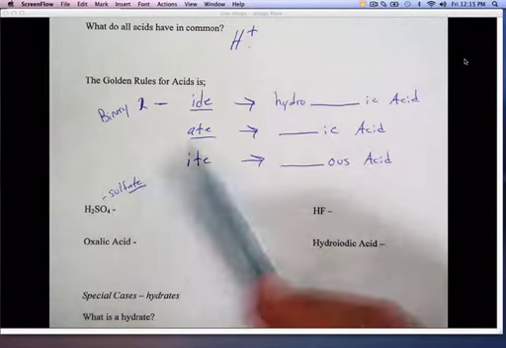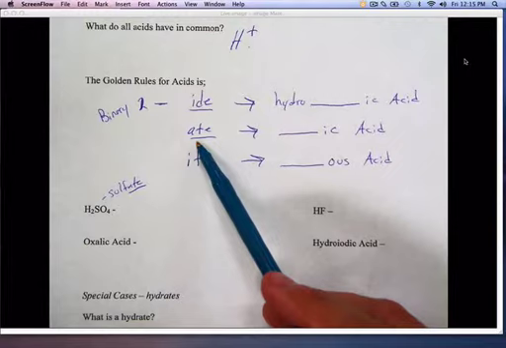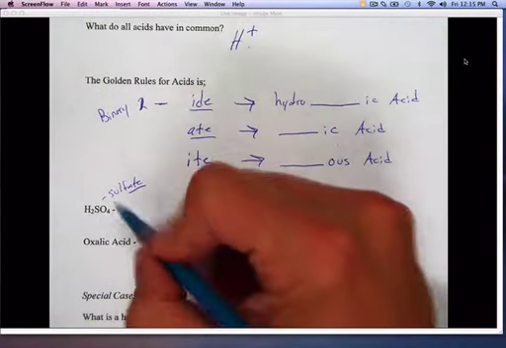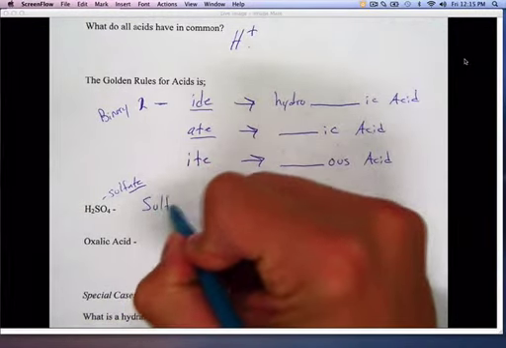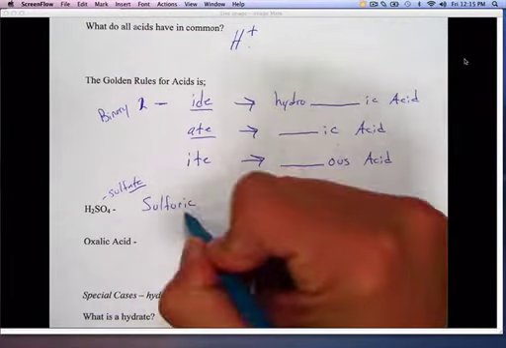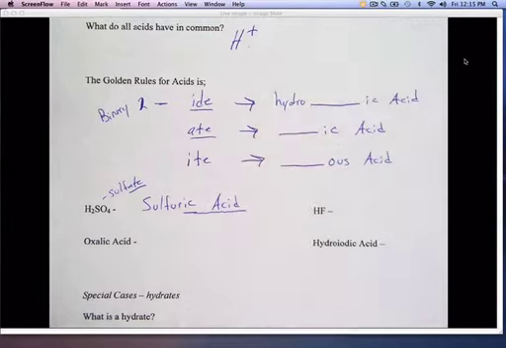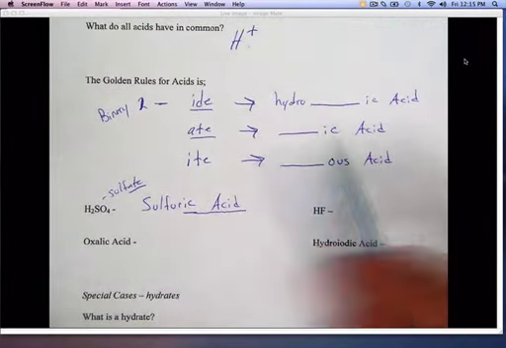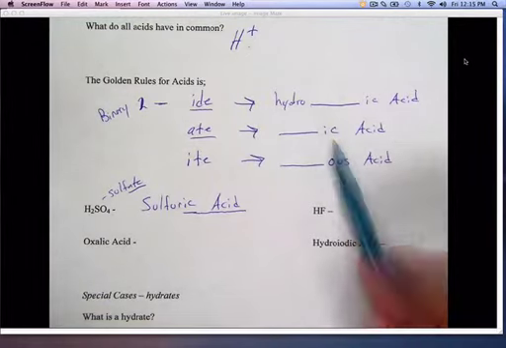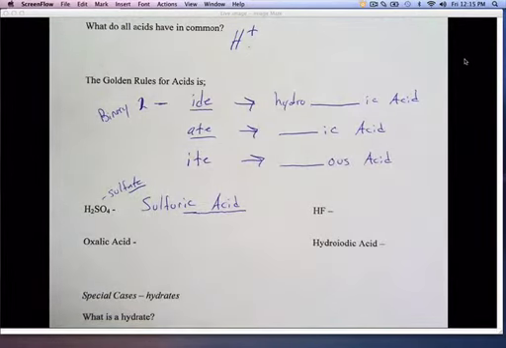The rule is, if it ends in ate, you change it to ic acid. So this is going to be sulfuric acid. That's my name. And notice where the change is. It used to be sulfate, now it's sulfuric acid. Ate changes to ic acid. There's your first example.